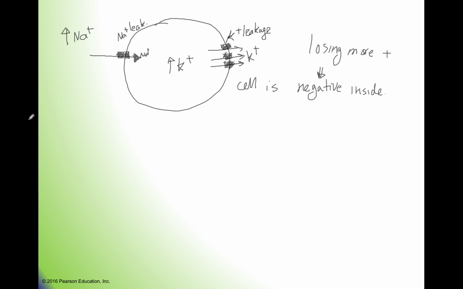Now think about this. If diffusion takes place, diffusion eventually stops when you reach what? Equilibrium. So if I'm only relying on these two channels that I show, sodium is coming in and potassium is leaking out, eventually what I'm going to reach is equilibrium.